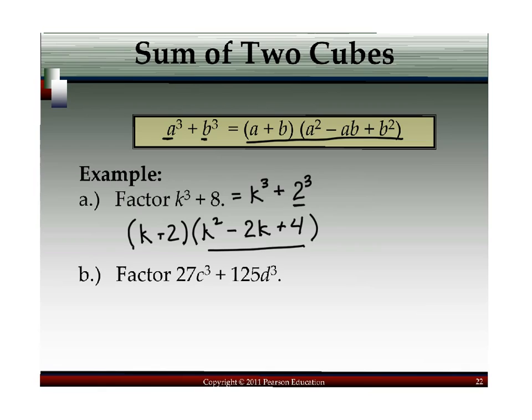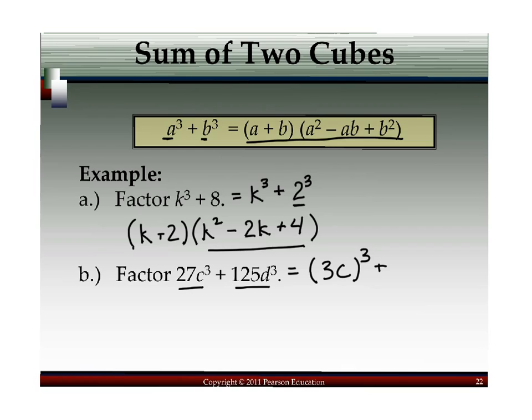So let's do the same thing with this and this. Rewrite it just like we did in the difference of 2 squares. So 27, something that is cubed that is equal to 27 is 3. 3 cubed. So I'm going to rewrite this as 3c cubed. Then the next one, 125d cubed.